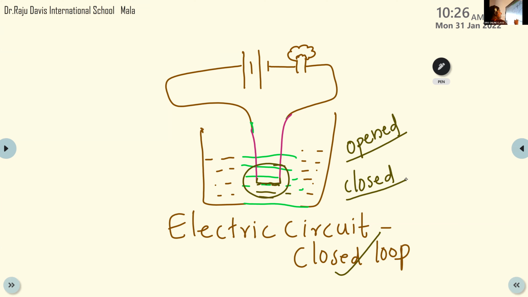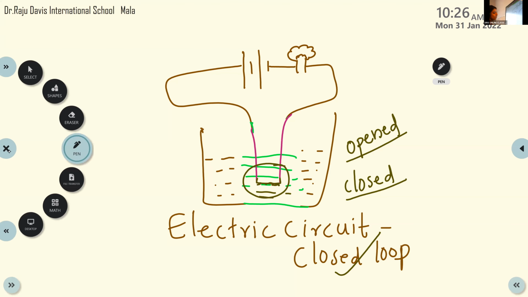At that time, there is no flow of electricity. In this chapter, we have to consider different types of liquid, whether they conduct electricity or not. There's lemon juice, then oil, then milk. We have to discuss in this chapter whether all these liquids conduct electricity or not.